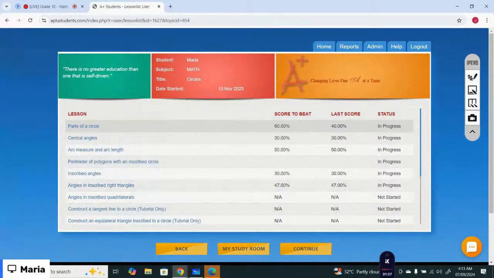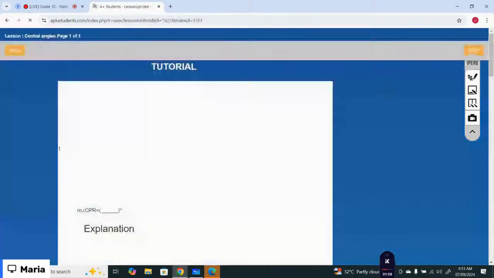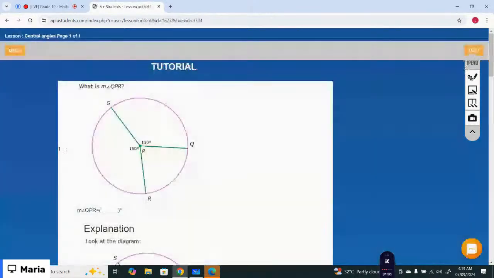The next lesson is central angles. Let's just start with the lesson. What is the measurement of angle PQR?